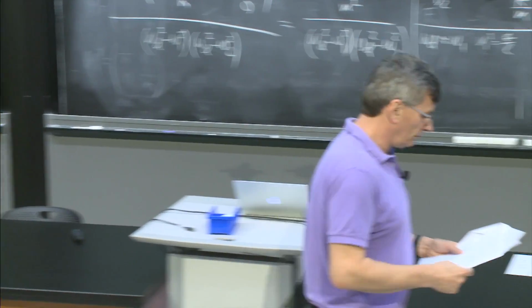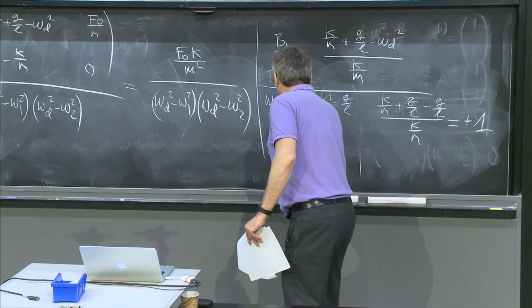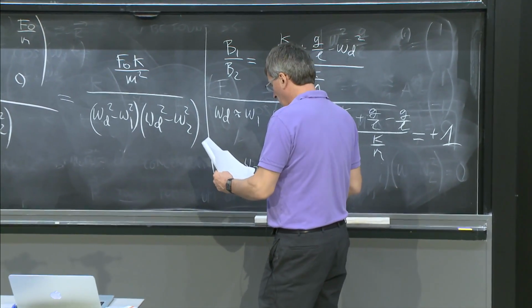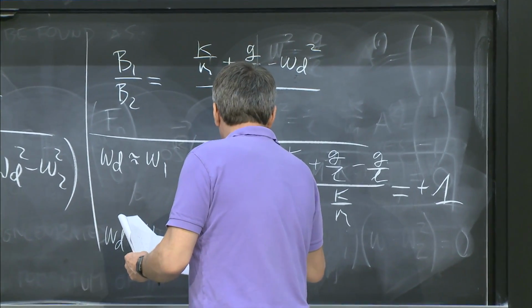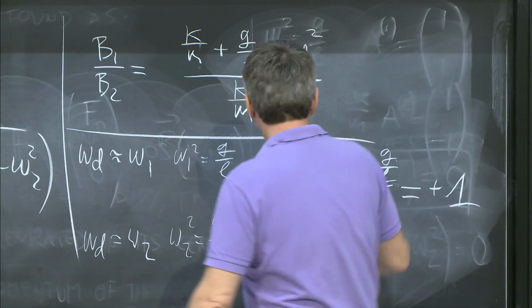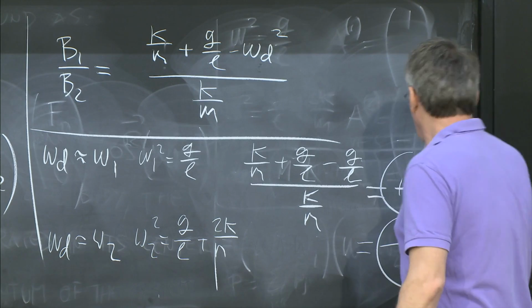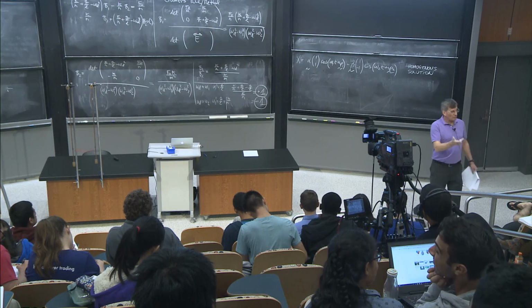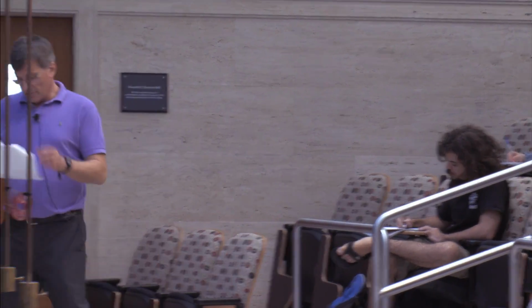So what happens if I drive at omega d close to omega 2? Omega 2 squared was equal to G over L plus 2K over M. If I plug it in here, I get that the ratio is minus 1. Again, the ratio is strikingly similar to the ratio of the normal mode corresponding to frequency omega 2. So it's like I'm inducing those oscillations.